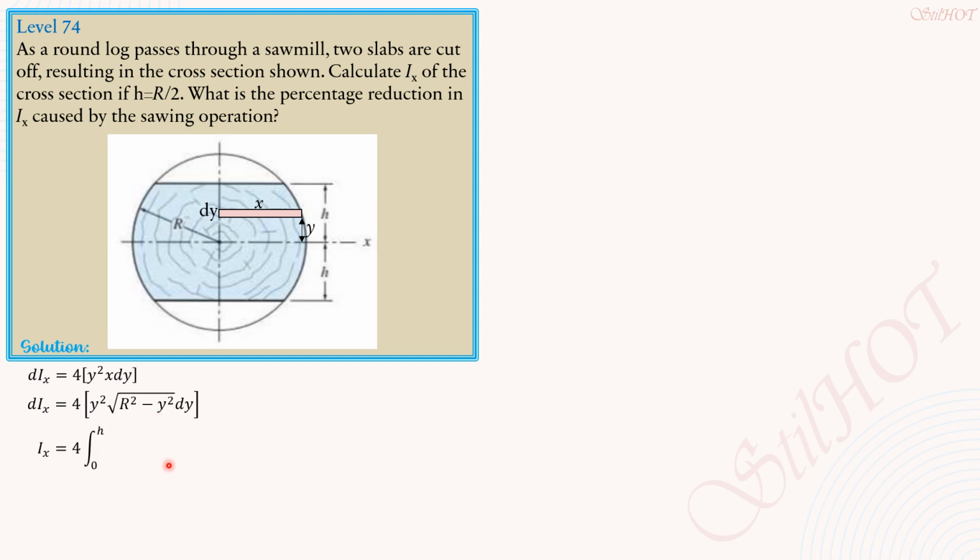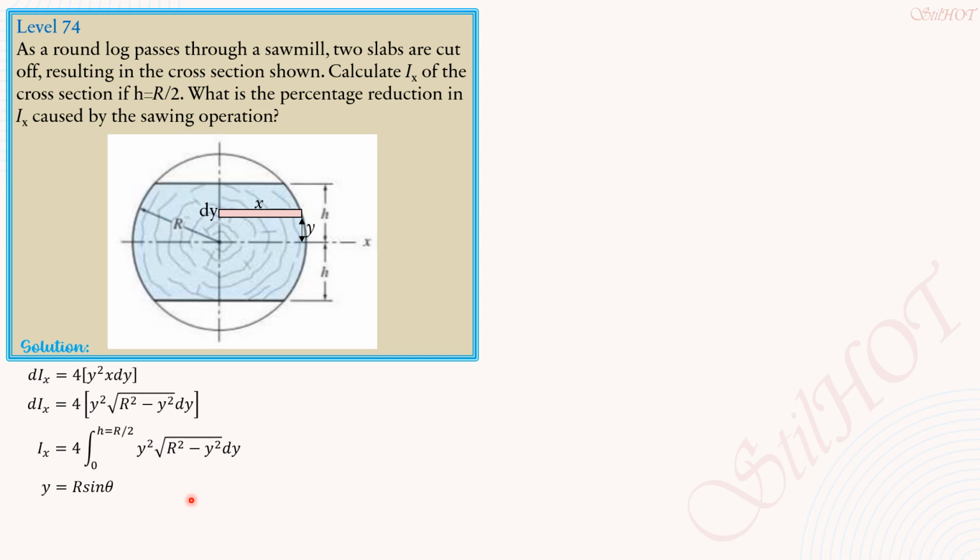So Ix therefore equals 4 times the integral from 0 to h, and h is r over 2, of y squared square root of quantity r squared minus y squared dy.